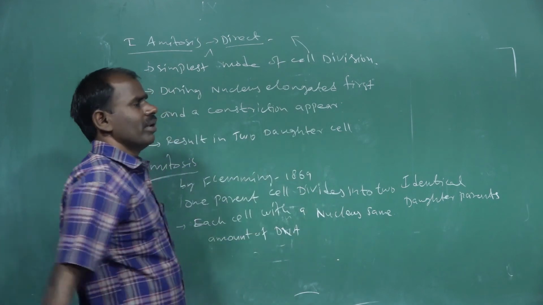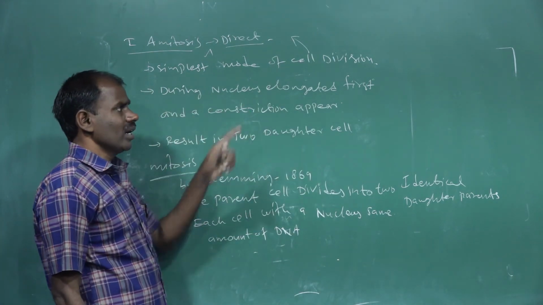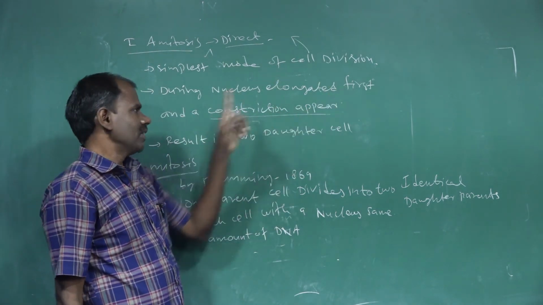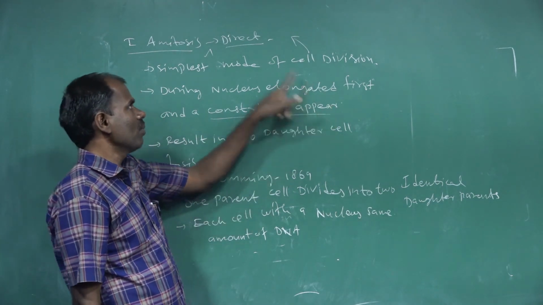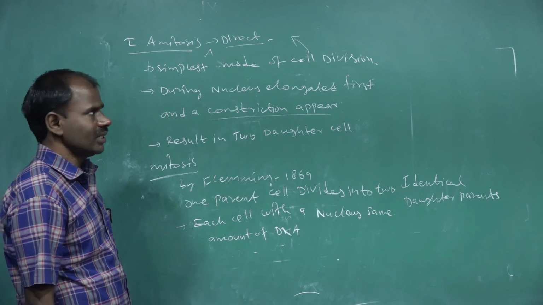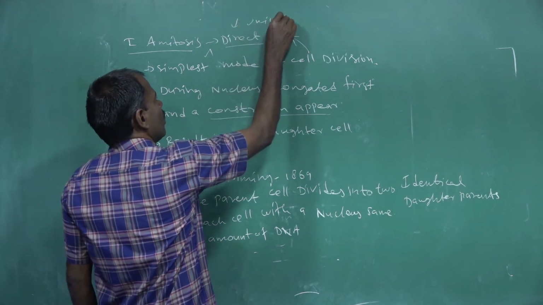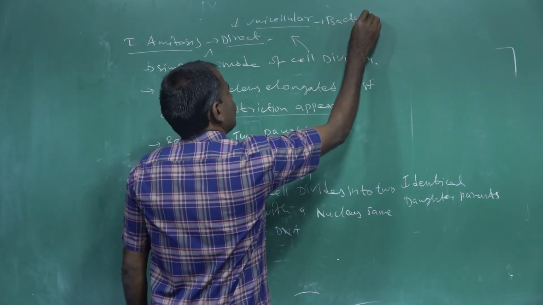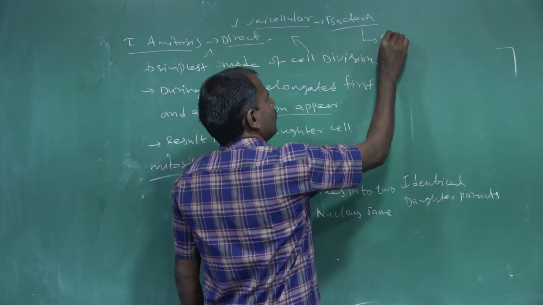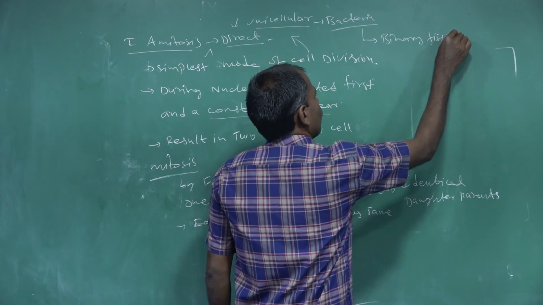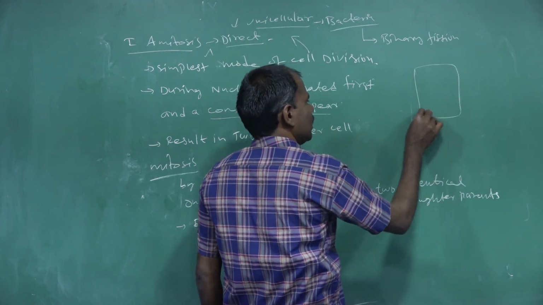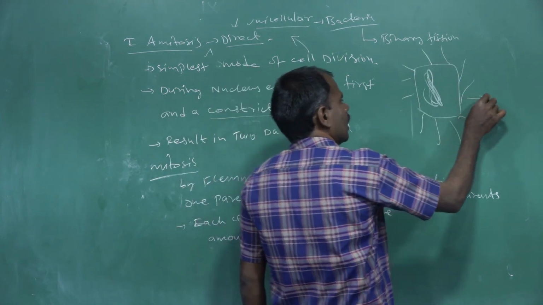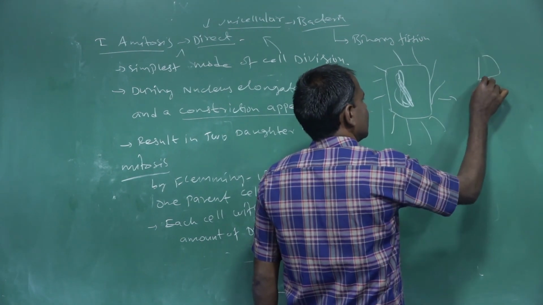During this, the nucleus elongates and a constriction appears. This occurs only in unicellular organisms, for example bacteria. Bacteria undergo cell division by binary fission. The nuclear material divides, and the bacterial cell divides.